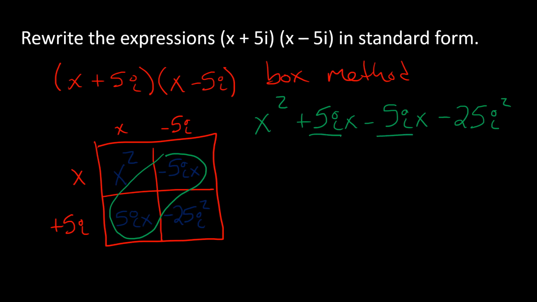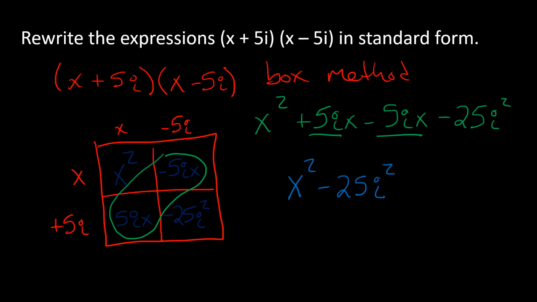We need to combine these two like terms. 5ix minus 5ix would just be 0. When we're combining like terms, 5 minus 5 is 0, and 0 times ix is still just 0. So we bring down our terms, and we'd have x squared minus 25i squared.